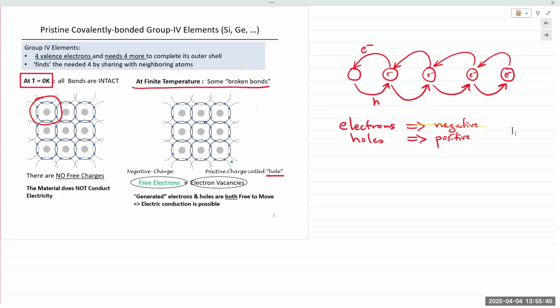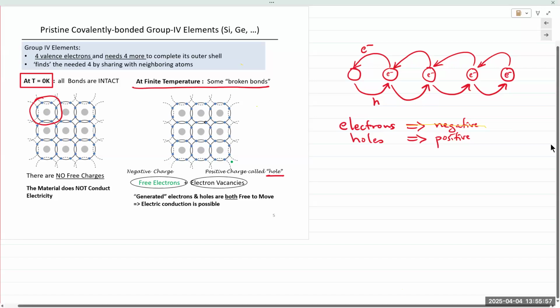Because of that avalanche, they can impact other electrons and move them out of their spots. So more carriers are created, more free electrons are created. That is basically the operating principle behind a Zener diode, which we'll see later on in this chapter. Were there any other questions?